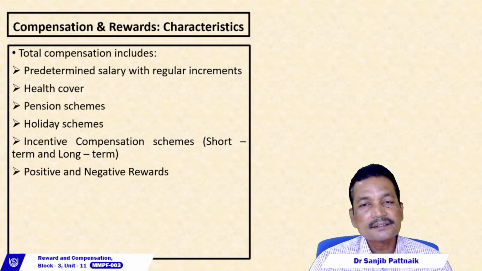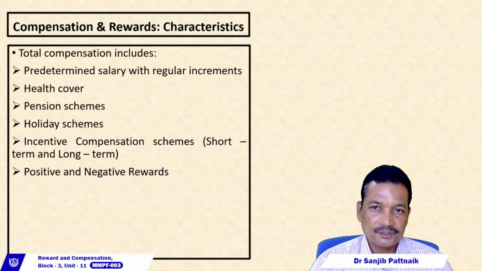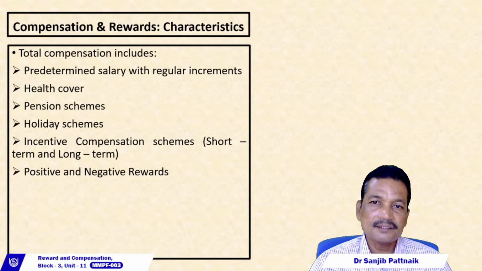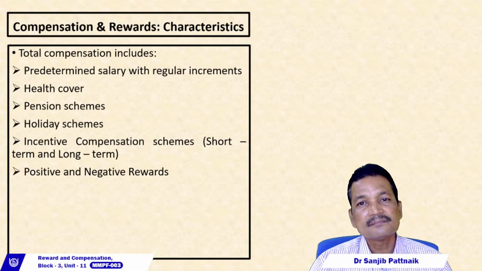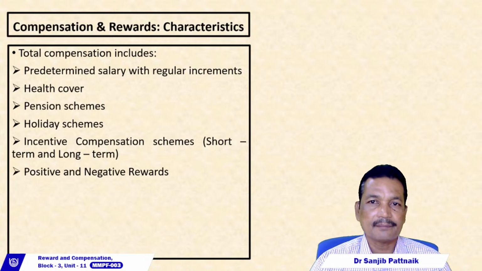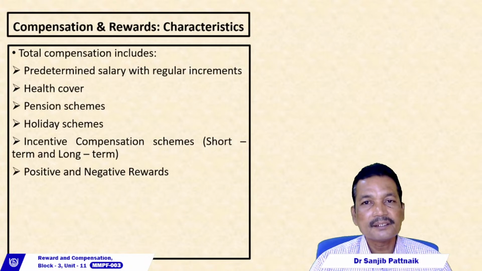Another aspect is that an employee can work up till a certain age. Usually in most organizations, 60 years is the average age of retirement. That means after 60 years, the employee has to leave the job.